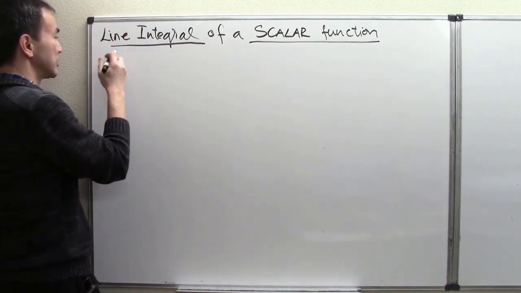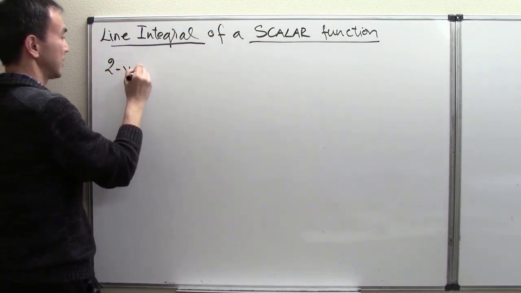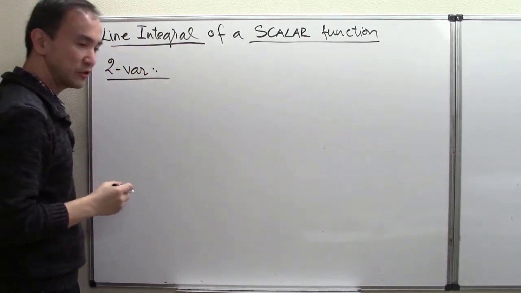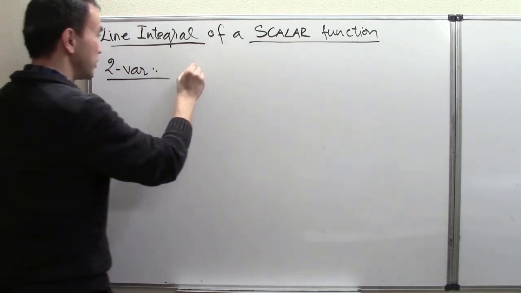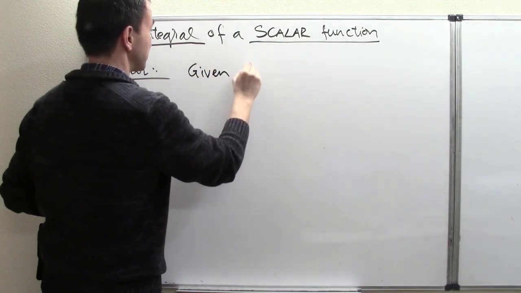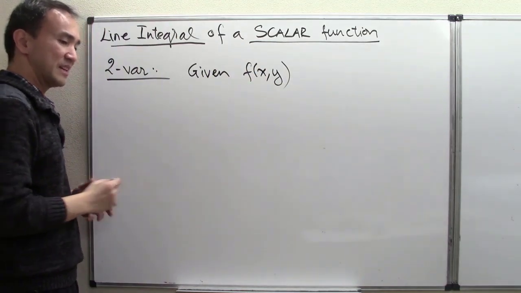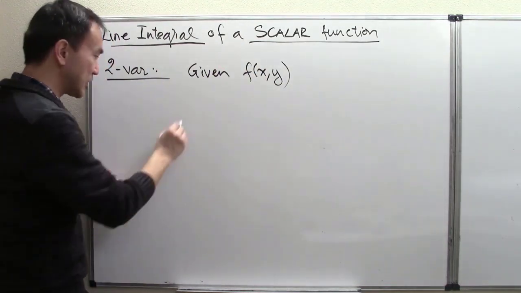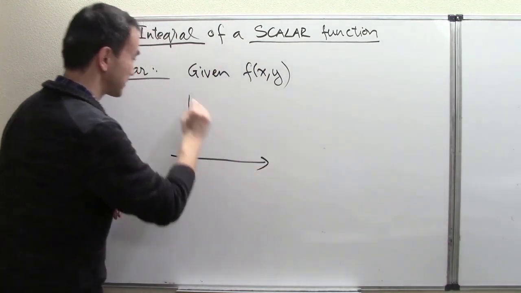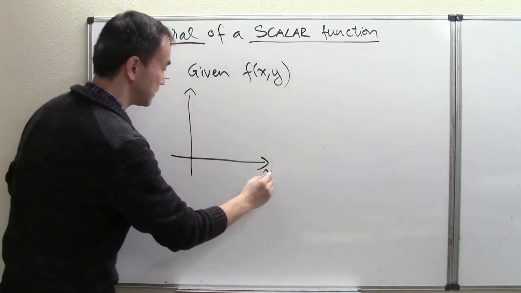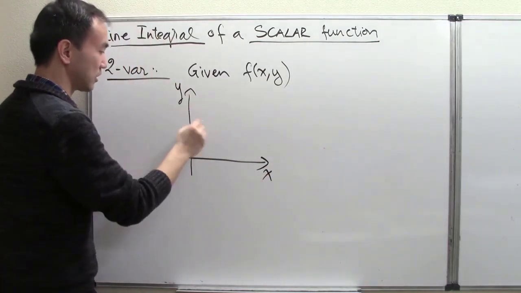So in the case of 2 variables, think about we're given a function f of x comma y. The scalar function is above the x and y plane.